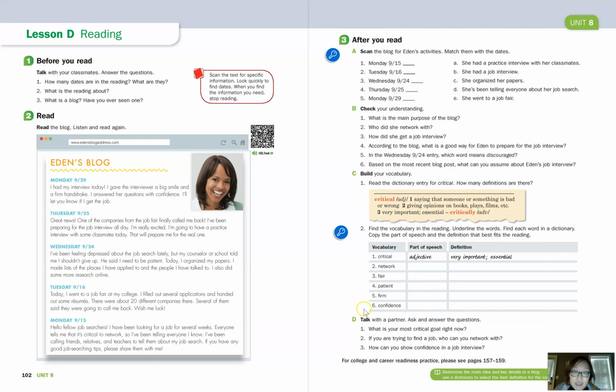And then number 6, confidence. If you look in the same blog post, you can see I answered her questions with confidence. And when a word ends with ence, then that's a big hint that it's a noun. So like maintenance, that also ends with ence.